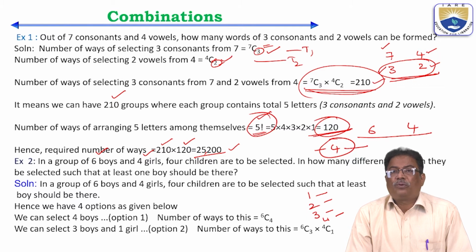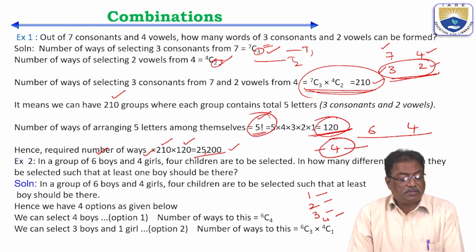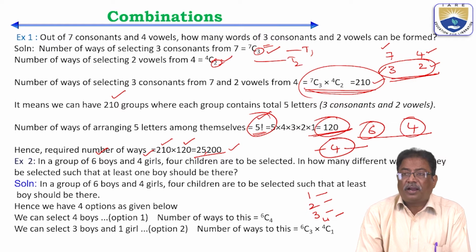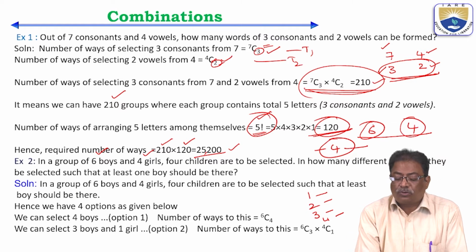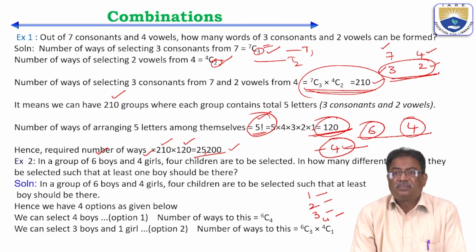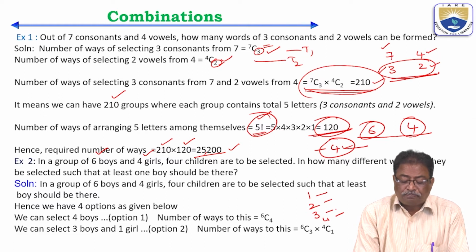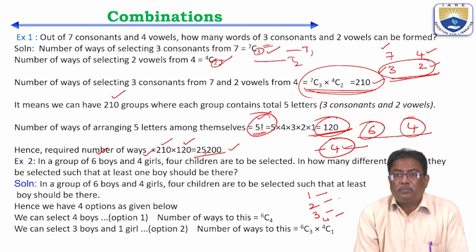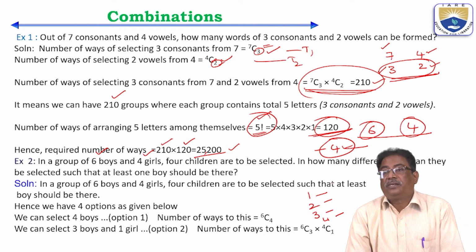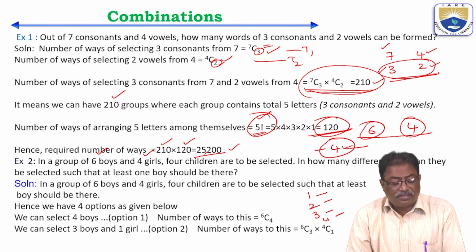We have 6 boys and 4 girls, so there are 10 in total, and among these 10 we have to select 4. All 4 may be boys, or 3 boys and 1 girl, or 2 boys and 2 girls, or 1 boy and 3 girls. So these are the different combinations.